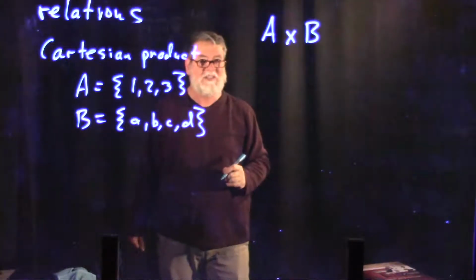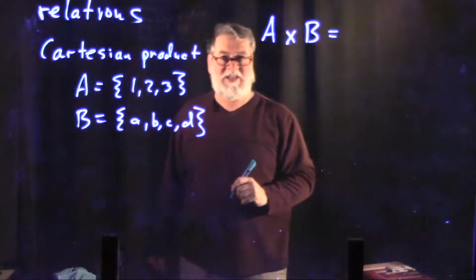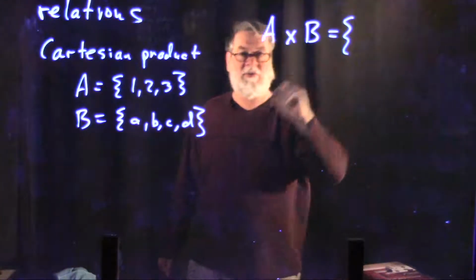Usually that's pronounced cross, or sometimes it is. And it is the set that contains all the ordered pairs you can form from the elements. So in other words, it is the following set.